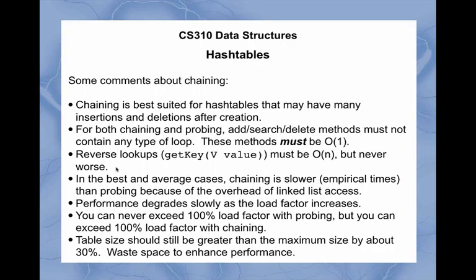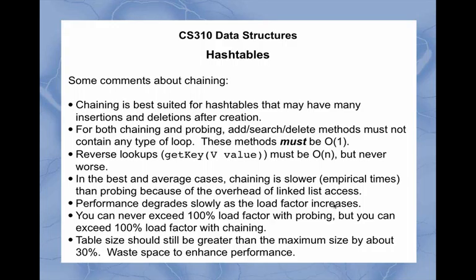In the best and average cases, chaining is slower than probing because of the overhead associated with linked lists. However, when we say slower, we don't mean complexity. We mean empirical or wall clock time. Performance degrades slowly with hash tables that use chaining as the load factor increases.